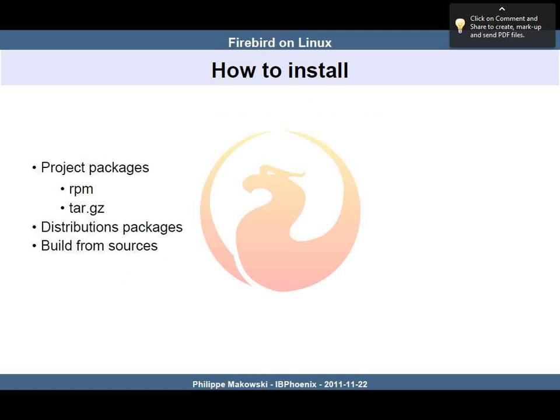RPM, we will stop providing for Firebird 3, in fact, because they are bad RPMs. Or you can choose distribution packages from Debian, from Fedora, from Mageia, from OpenSUSE, or you can build it from sources.